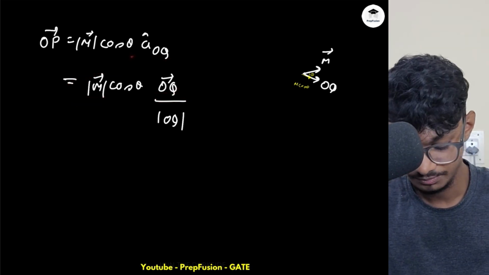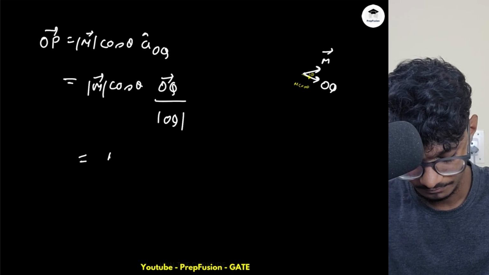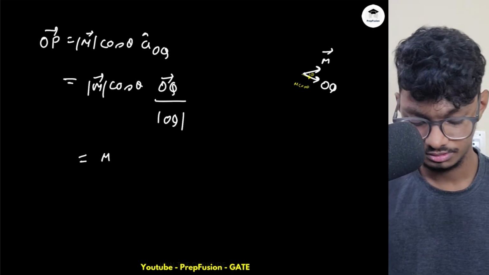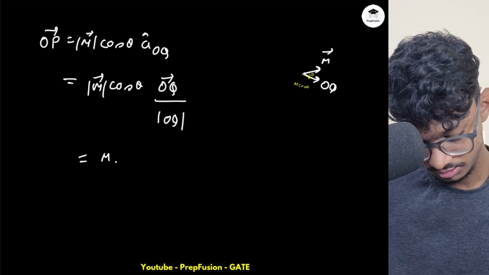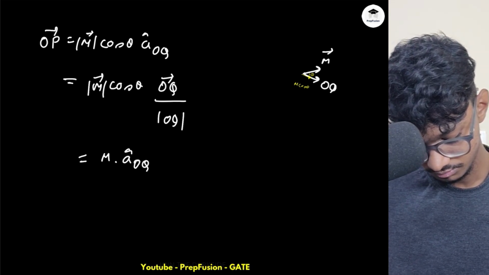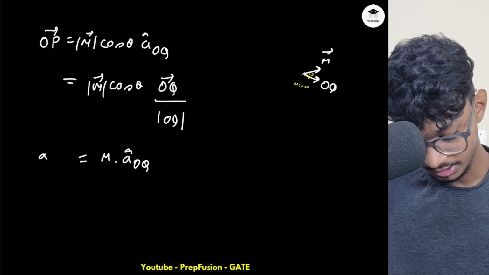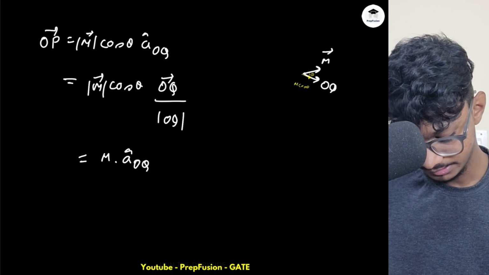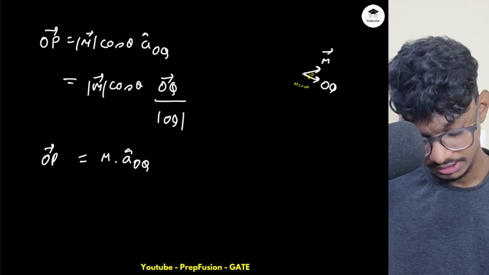This is simply, if I do the dot product M dot aOQ, I will get my answer. I will get the component that is present on the OQ, that is my OP vector, because the magnitude of the unit vector is 1.